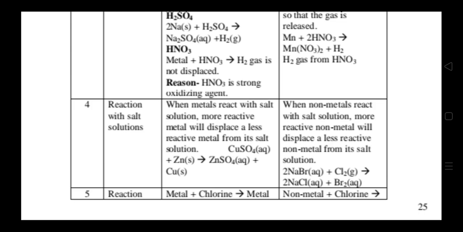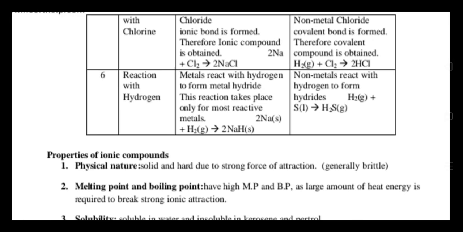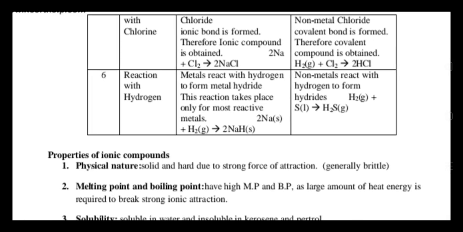The fifth one is reaction with chlorine. When metals react with chlorine, a metal chloride with an ionic bond is formed. In the reaction, an ionic compound will be formed, that is, 2Na plus Cl2 gives 2NaCl.